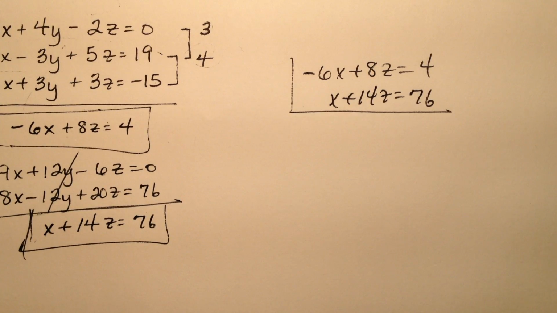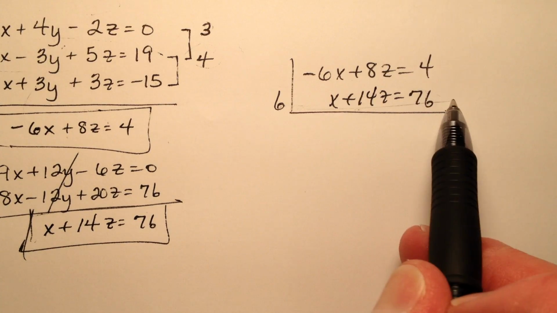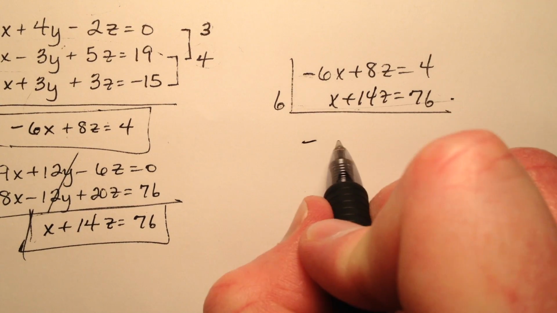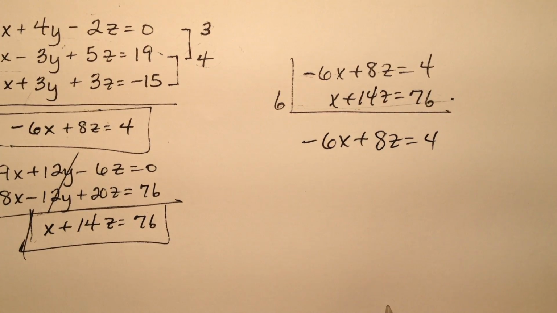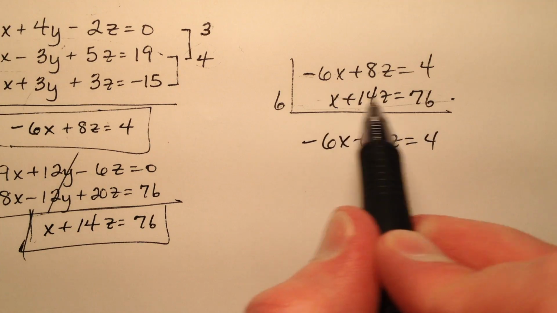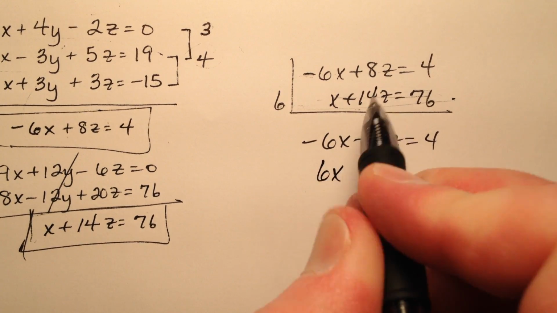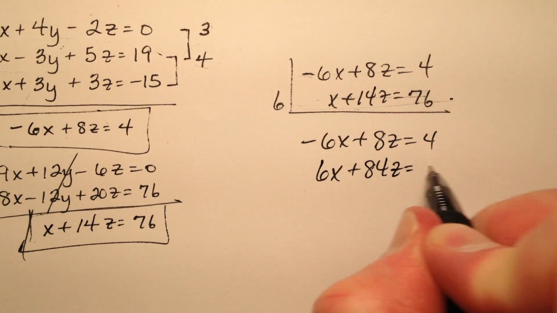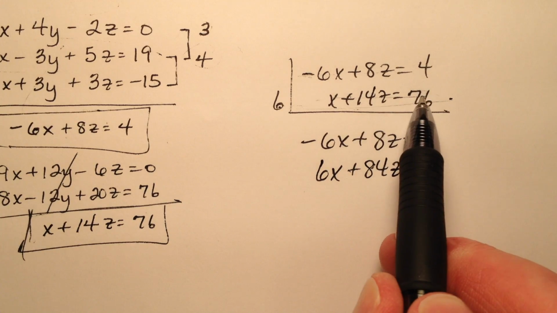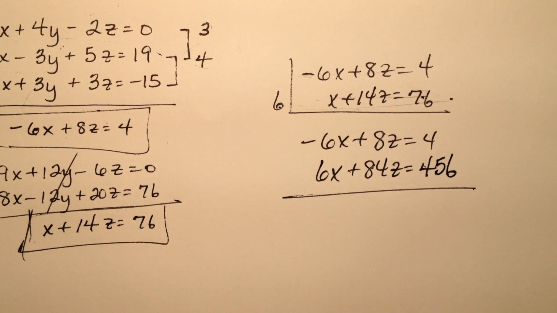Let's go ahead and use elimination on these two. It looks like in order to eliminate the x's, I could just run a 6 through the second equation. Let's go ahead and rewrite the first equation. It's left unchanged. And now let's go ahead and multiply every term in the second equation by 6, resulting in a 6x, and then 6 times 14 will be 84z, and then 6 times 76 should be something like 456.